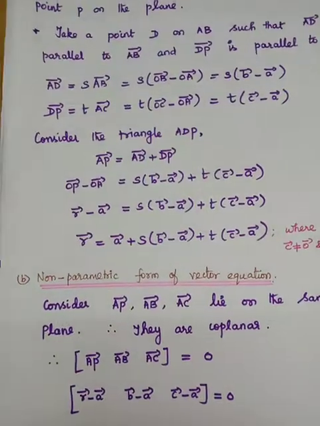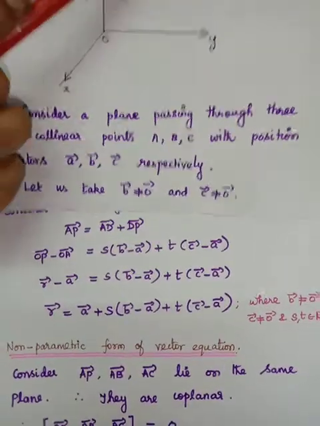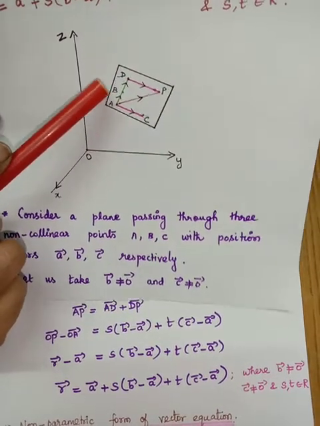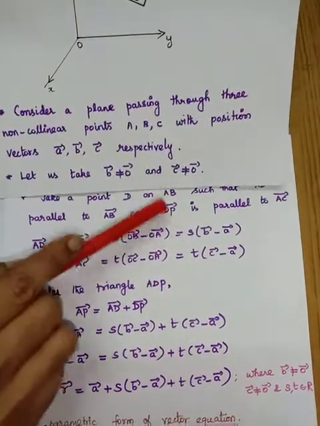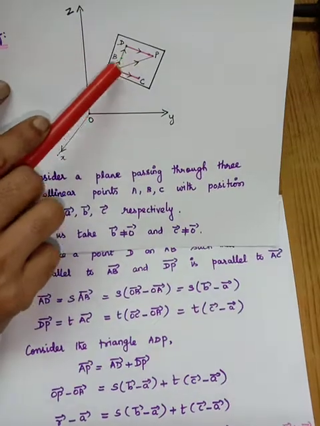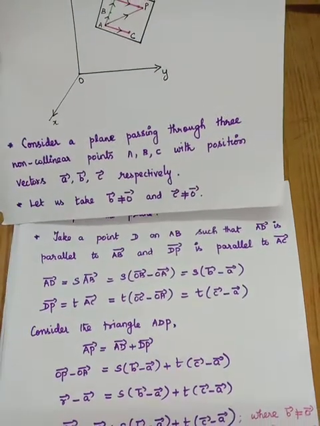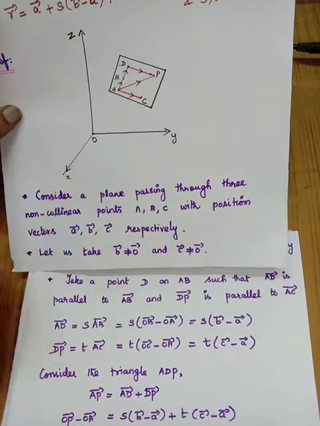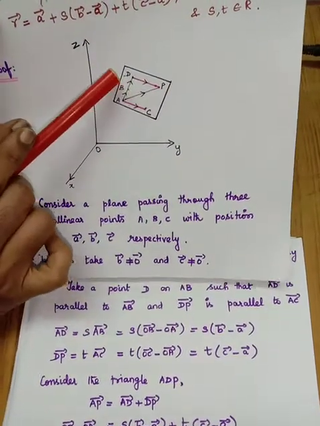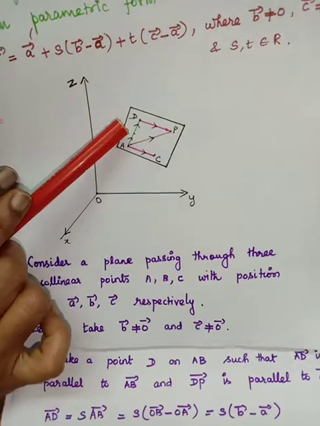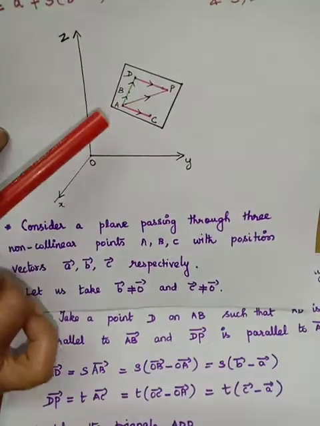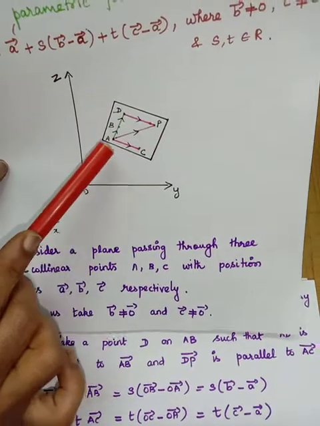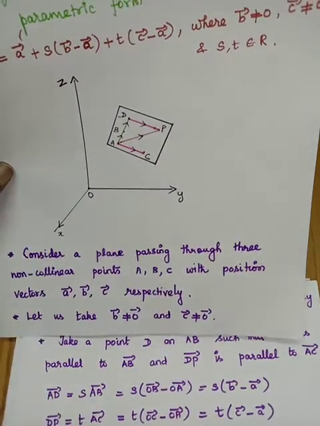Now, in this plane, we are going to take a point D on AB, in such a way that AB vector and AD vector are parallel, and then DP vector is parallel to AC vector. So you have to take a point D on AB such that AD vector is parallel to AB vector and DP vector is parallel to AC vector.